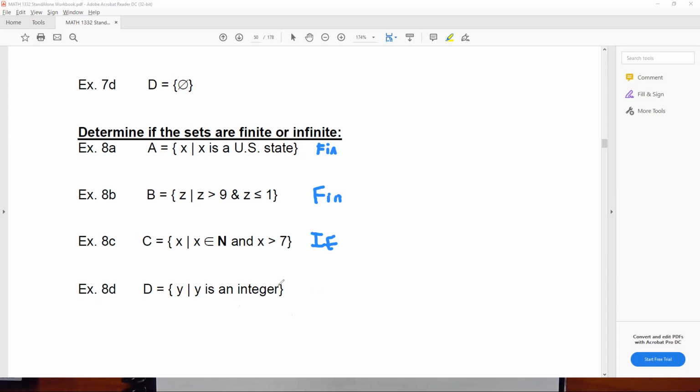Well, integers are pretty big, it just keeps going, right? So that's going to be infinite. Yeah, I should put INF instead. Anyway, does that make sense how you can tell?